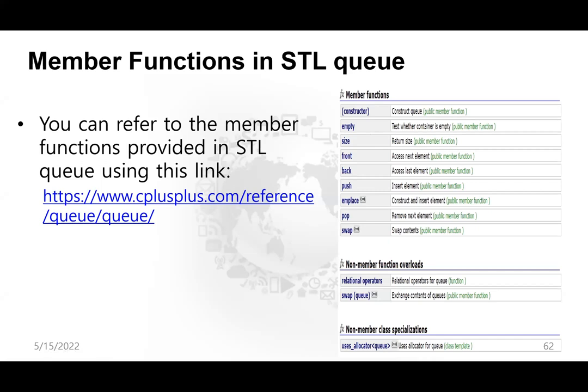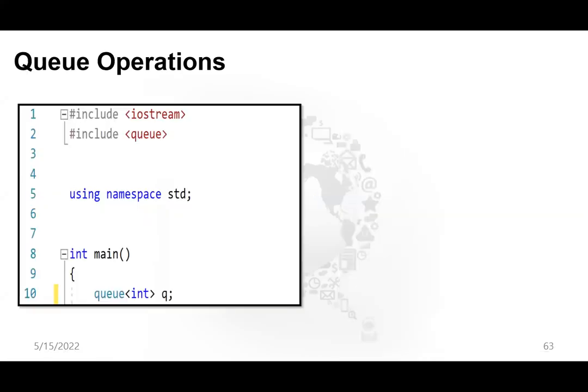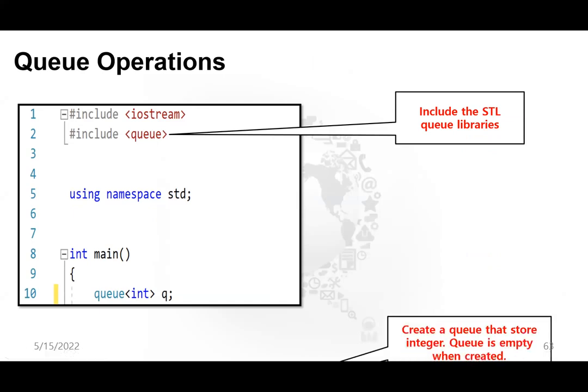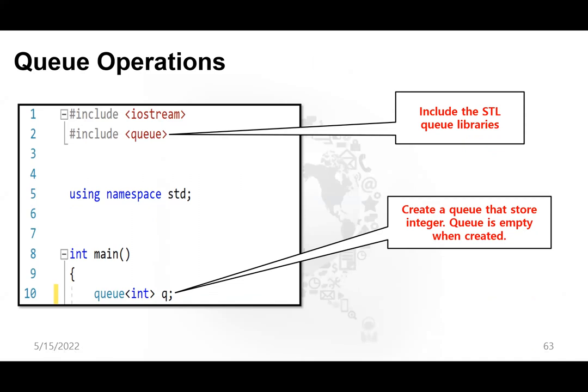How do we implement the queue? Just like the stack or our linked list just now, first you need to include queue at the top of your program. Then when you want to create a queue, the syntax is: you put queue, followed by angle brackets, where inside the brackets you have to specify what data type you want the queue to store.